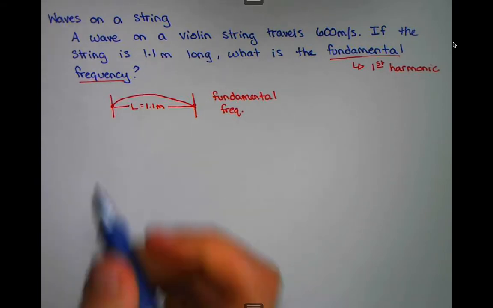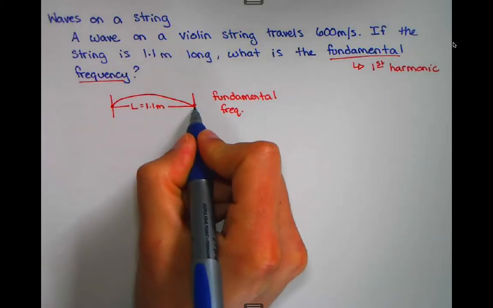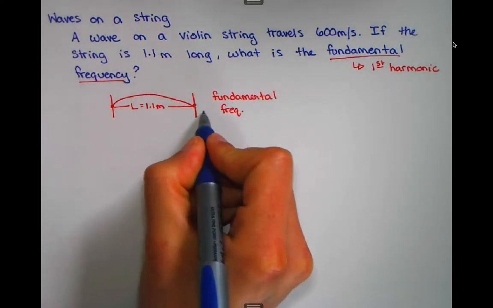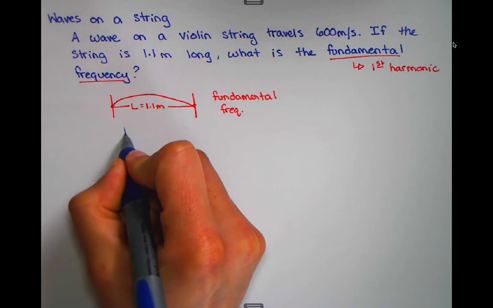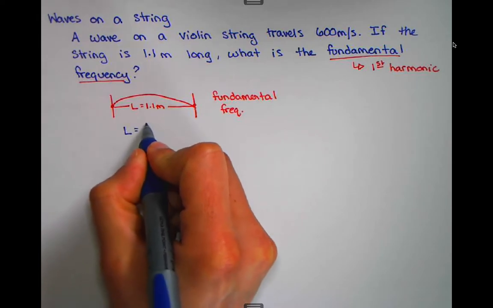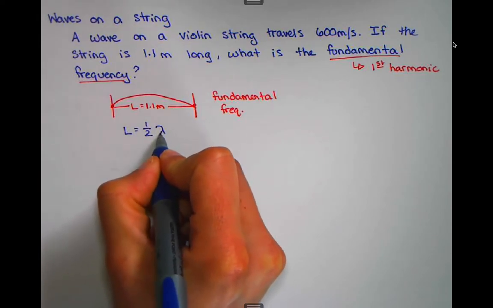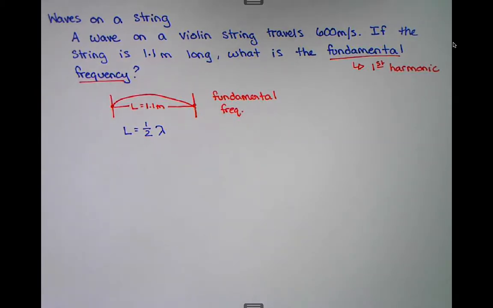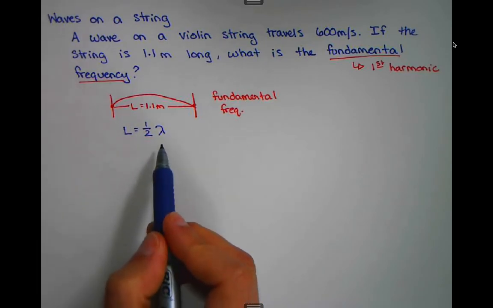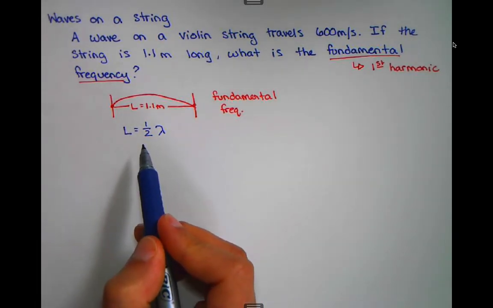So things that we know. The length of this is 1.1 meters, and there's half of a wave in this. So the length represents 1/2 of a wavelength. This goes back to what we looked at in the notes section about how to calculate the wavelength and determine how many waves are in here.